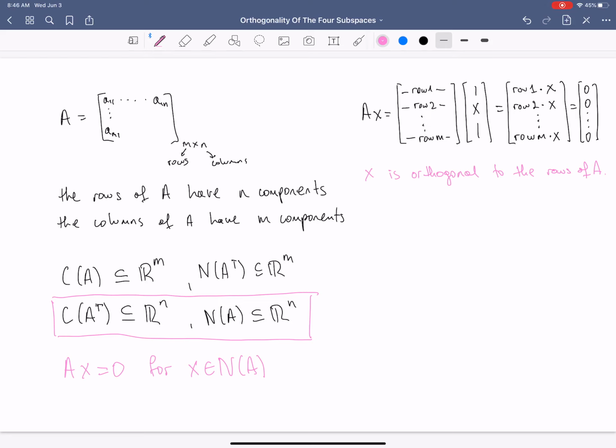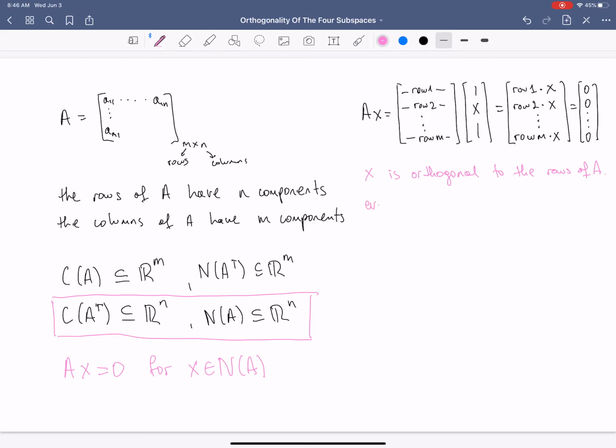It just had to be in the null space. But the null space has infinitely many vectors, right? It can have dimension 1, dimension 2. Of course, it could just be the 0 vector, where we don't really count dimensions. That would be dimension 0. But the point is that I didn't pick x. I just took it to be from the null space, which means that every vector in the null space of A is orthogonal to every row of A.